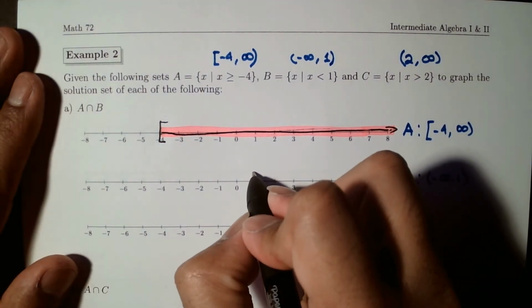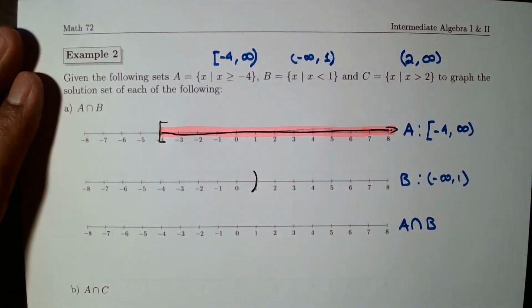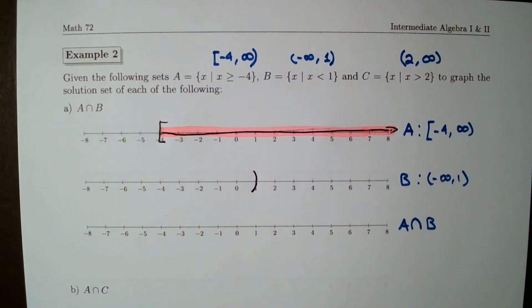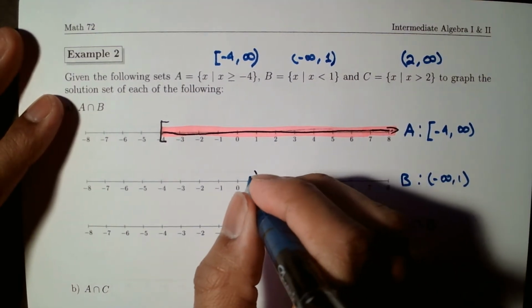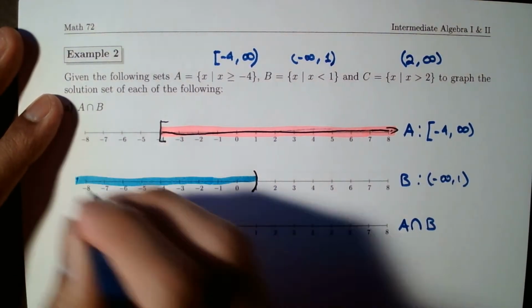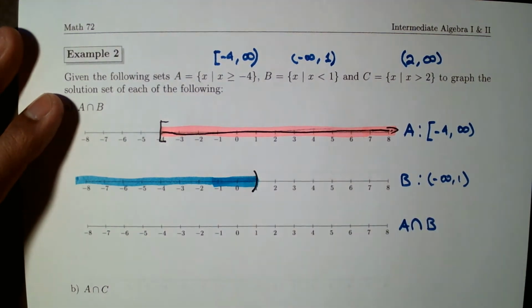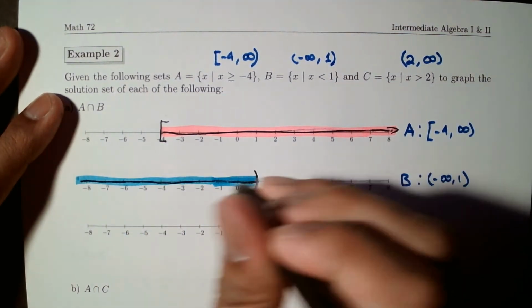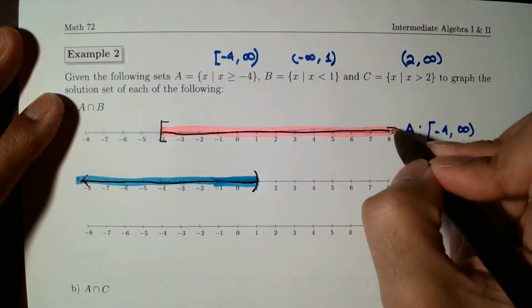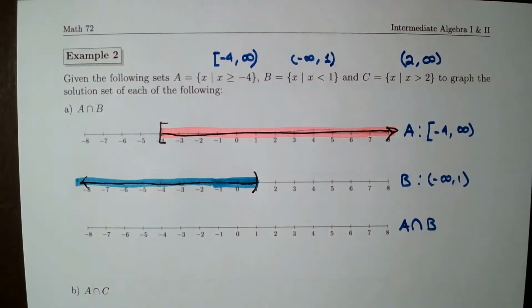It has parentheses, and then to the left. Let's highlight this to the left. I'm also going to do this so you can see the direction of the set.